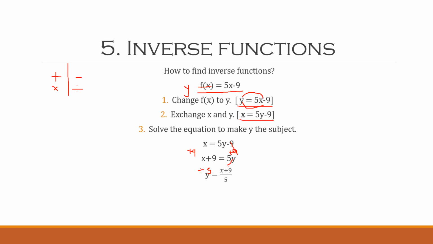So this is how we find the inverse function. And now lastly, we will write f raised to minus 1 of x, and we will cancel out y, which leaves us with f raised to minus 1 into bracket x is equal to x plus 9 upon 5. So this is how you find inverse functions.